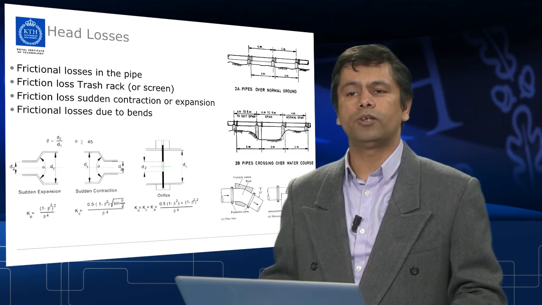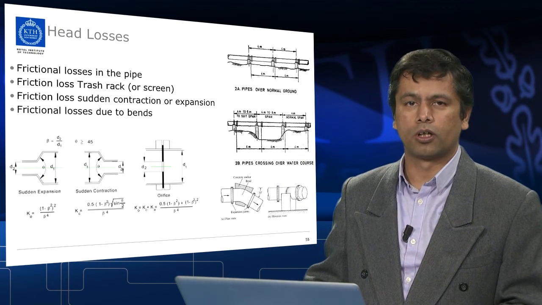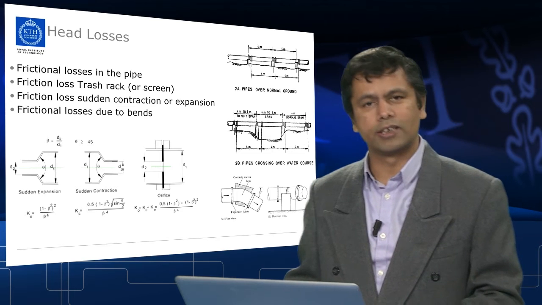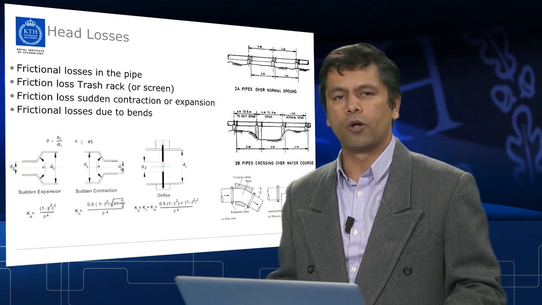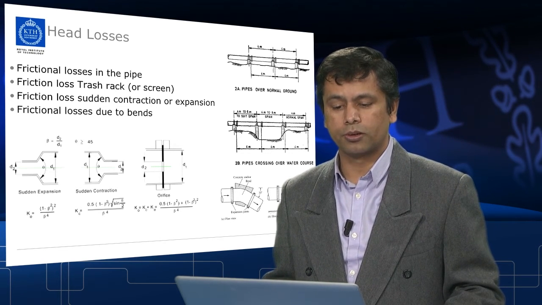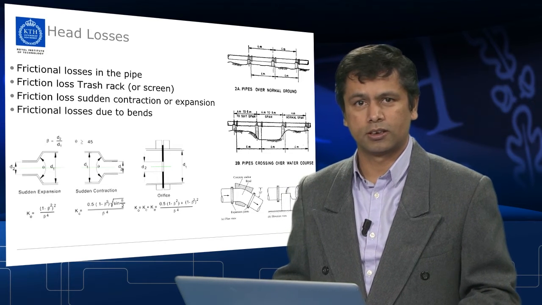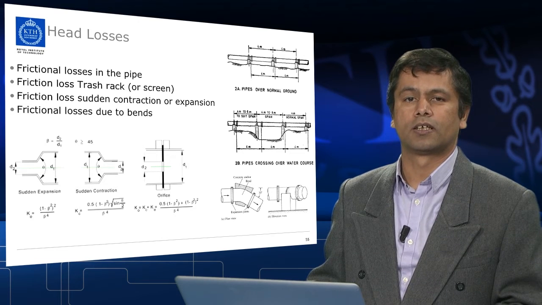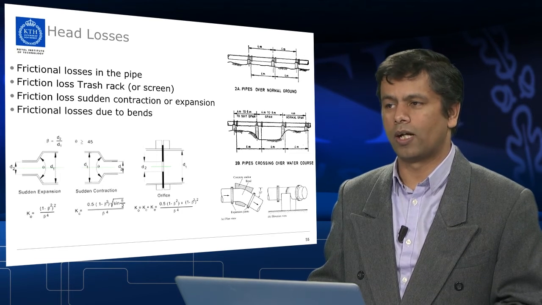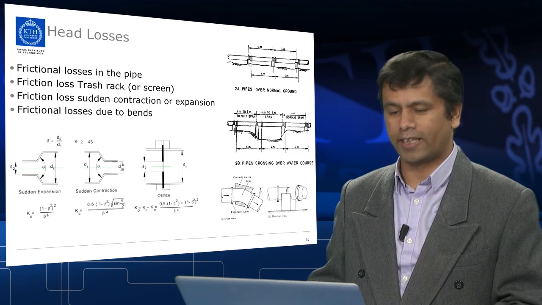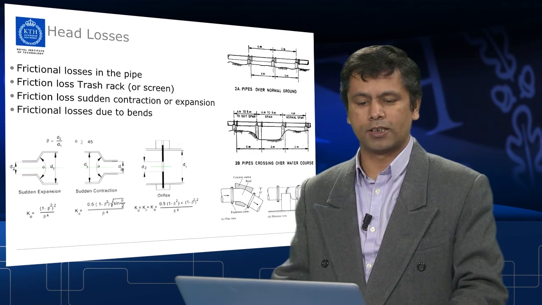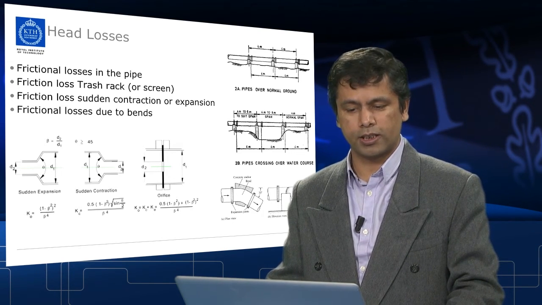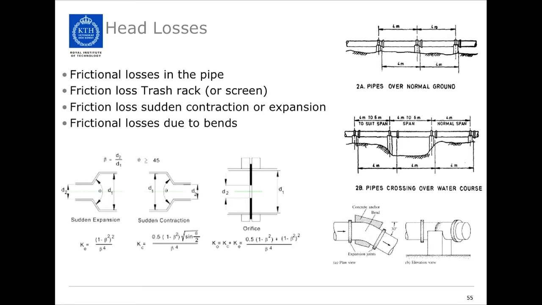Now, once you have understood the design flow and how to estimate the flow, I will talk about head losses. There are various head losses that have to be accounted for while calculating the net head. The head losses comprise frictional losses in the pipe, which is the main component of the head loss, and also some frictional losses in the trash rack or the screen.